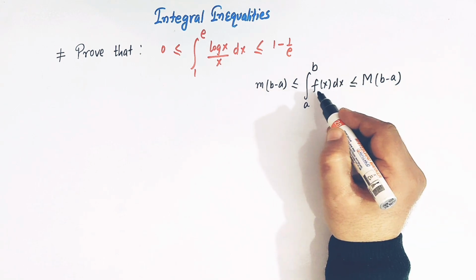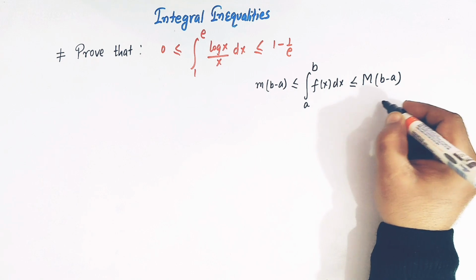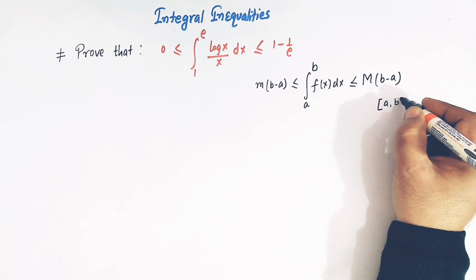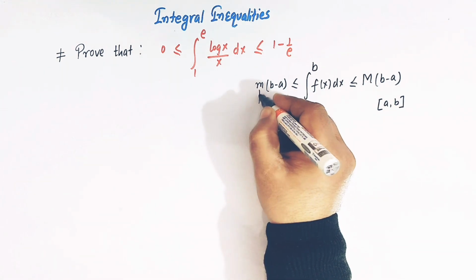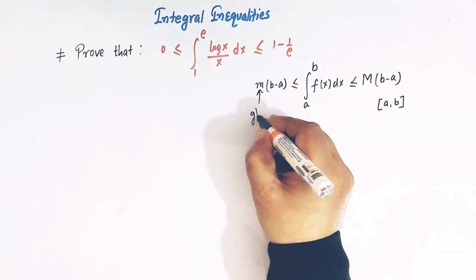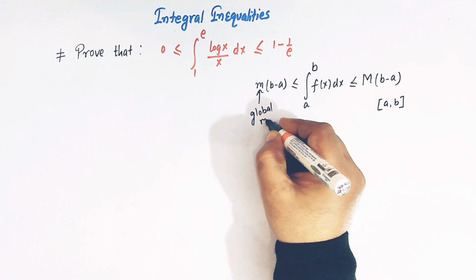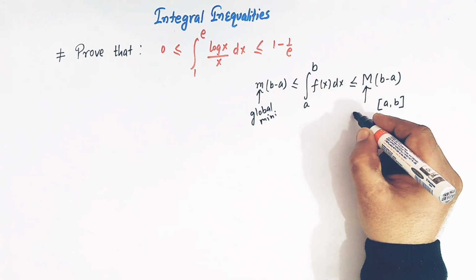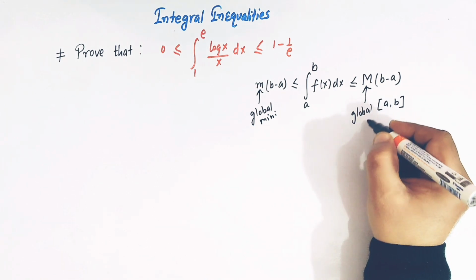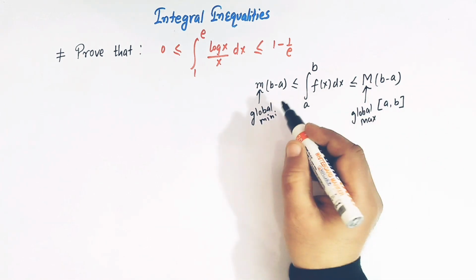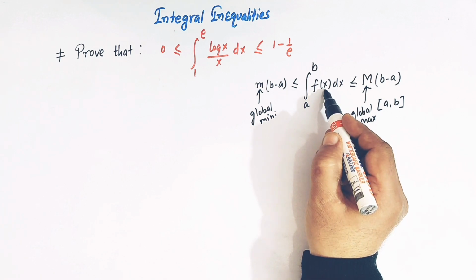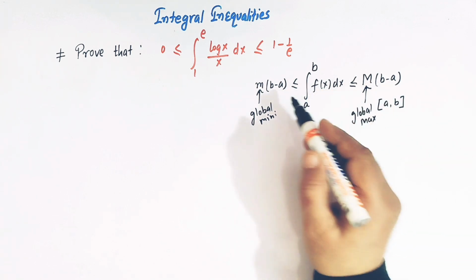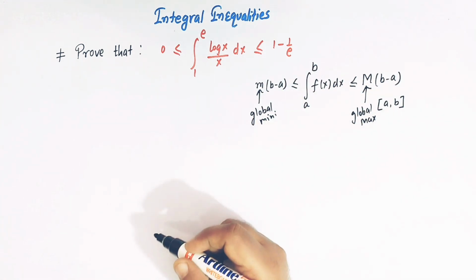So if we have a function f of x which is continuous in the interval a comma b, and if m is the global minimum and capital M is the global maximum of this function f of x in the closed interval a comma b, then we have this inequality, right?